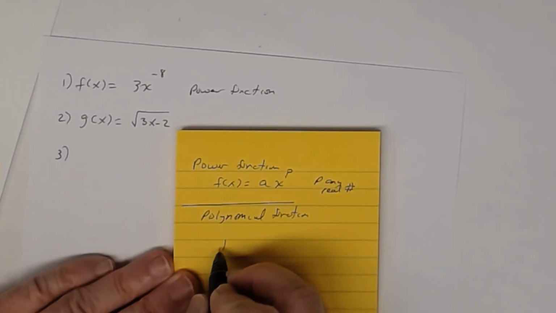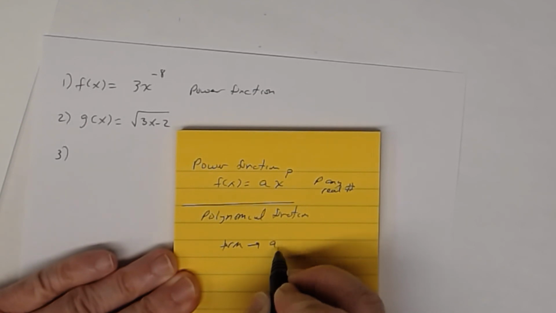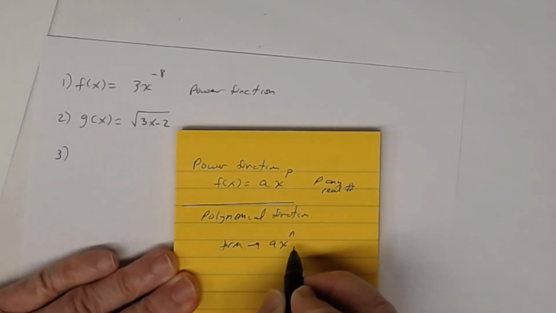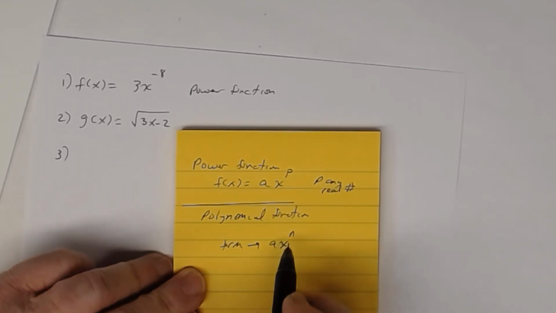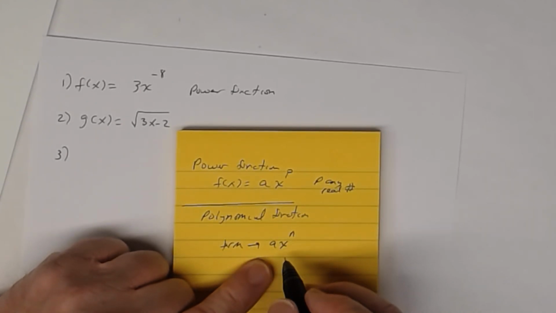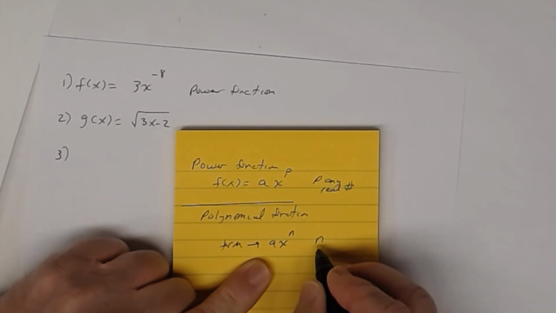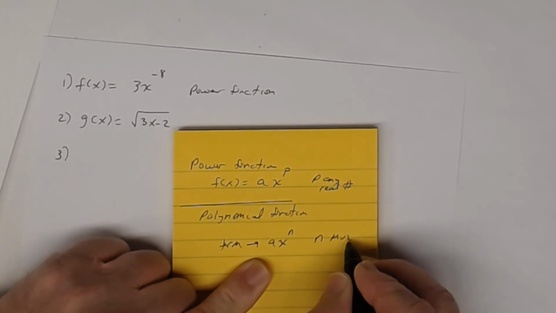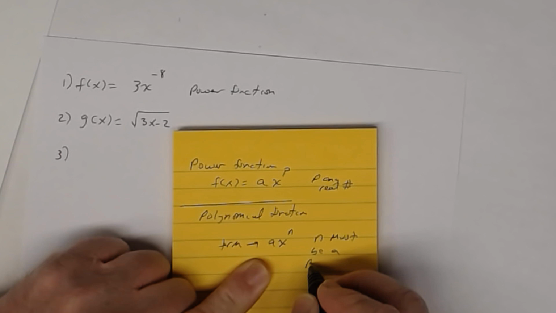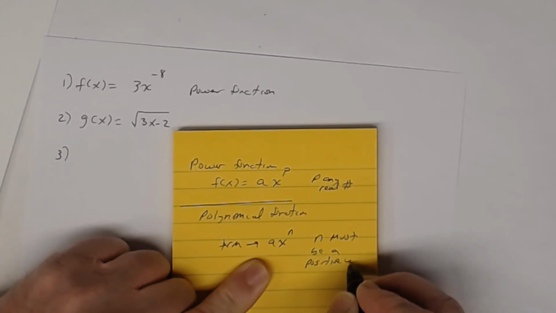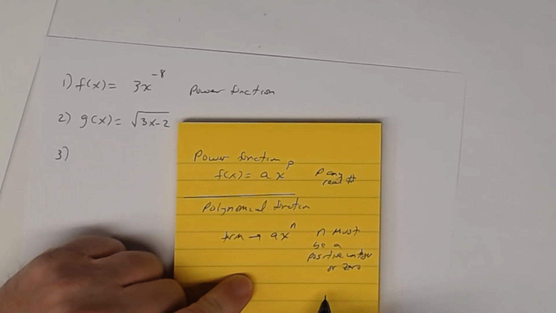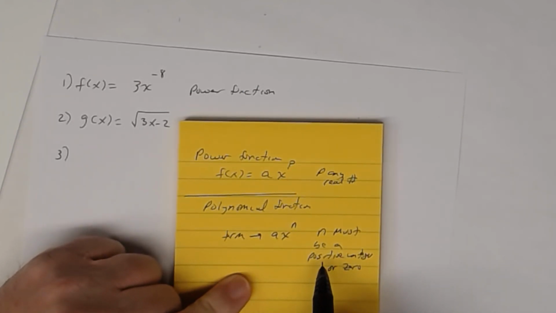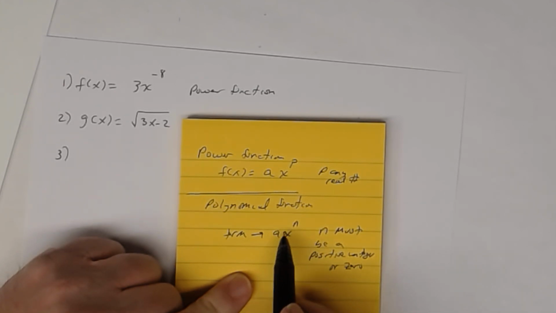Each term in a polynomial function has to have this form: a times x to the n power, but n must be a positive integer or 0, or you could say a whole number. And you could have a bunch of those.